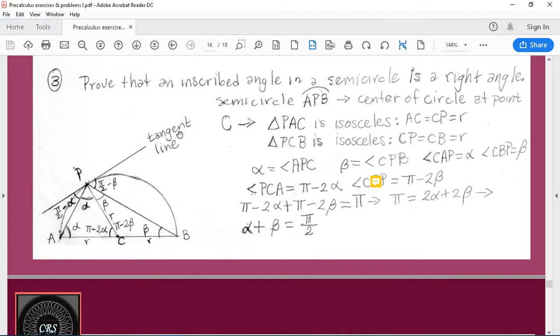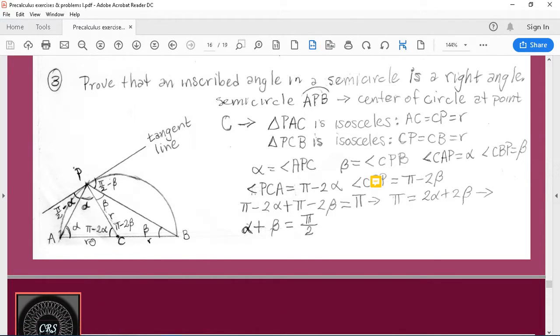Okay, now you can see that we have three triangles: triangle APB, triangle APC, and triangle BPC. Now, as you can see, since AC equals CP and is also equal to CB, we have that triangle APC is an isosceles triangle, and so is triangle PCB.